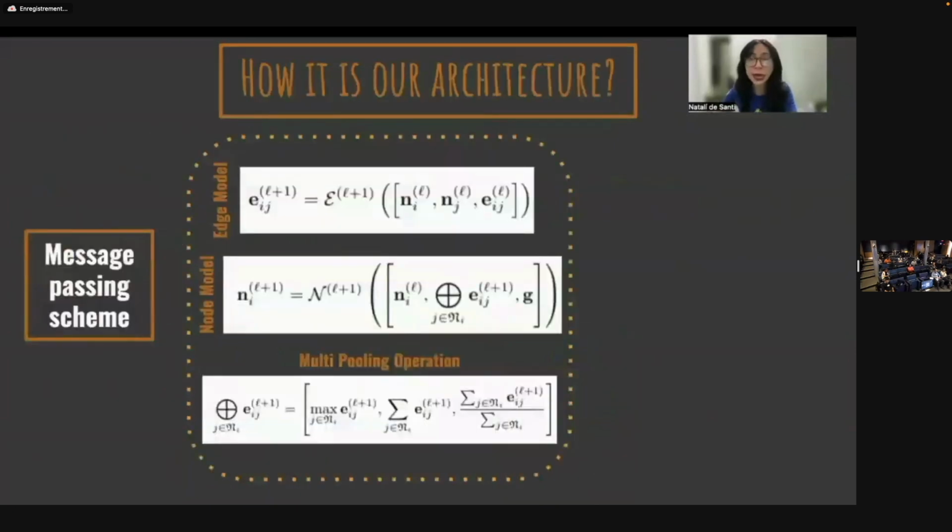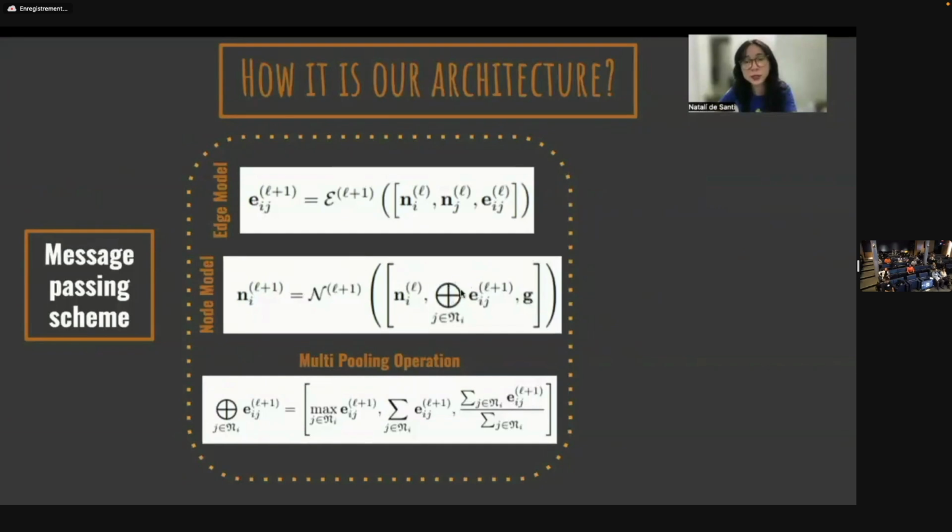More specifically, the architecture that we're using is the message passing scheme, where we have an edge model and a node model, and then we are updating these values according to the node values and the edge values in question. We have a multi-layer perceptron applied to these values. And then for the node model, we have the same case. So we have a multi-layer perceptron applied for the values of the nodes, for the values of the edges, and then we have the global property taken into account.